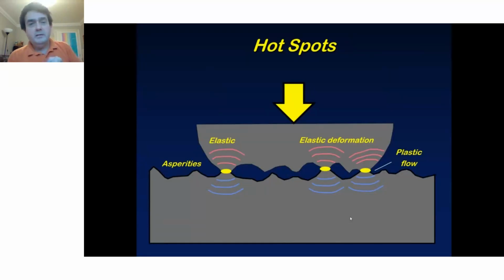It was known that all crystals had asperities, and it was known through friction studies that these asperities, these points, touched one another. And in those points, when you have two surfaces in contact, you get very localized high pressure, elastic deformation, and plastic flow at the very points of contact. It was known that this type of system produced energy concentration.